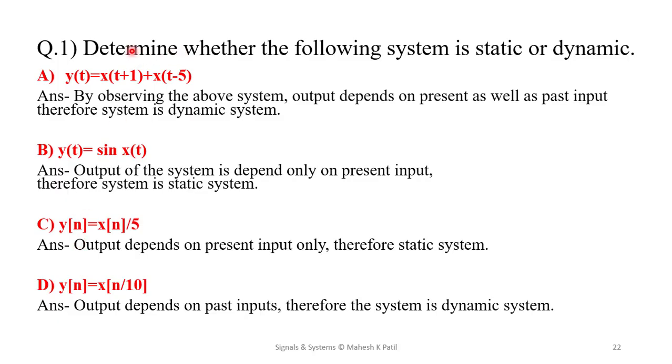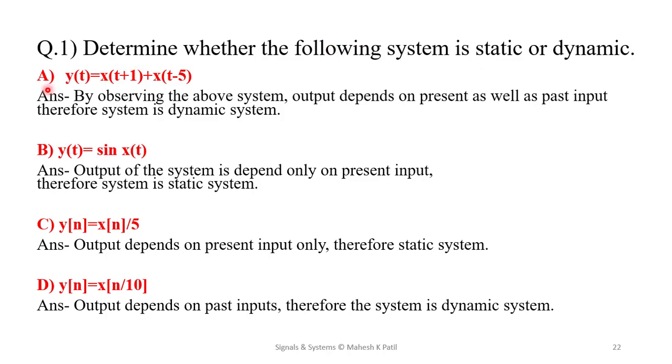So the first question is: determine whether the following system is static or dynamic. A static system means its output depends on the present input only, whereas a dynamic system means the output is dependent on the present as well as past inputs.